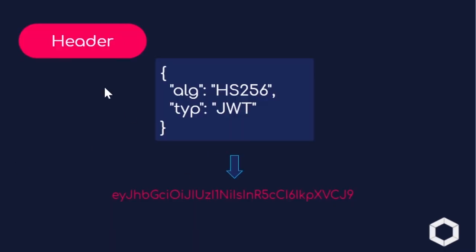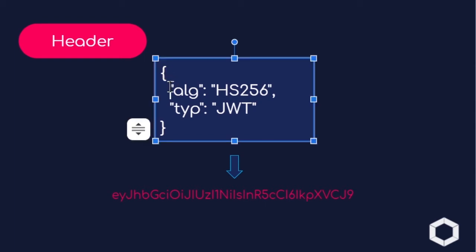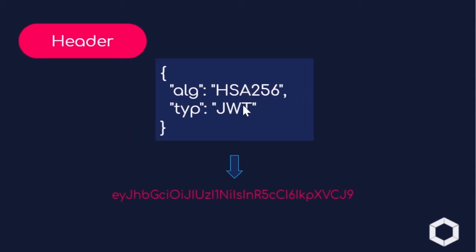The header is a JSON object which contains a few attributes, a few keys, like the algorithm that would be used to eventually encrypt this whole JWT, because every JWT has to be encrypted, otherwise it's really easy to just look at the data it had. In this case it uses an algorithm called SHA-256, which is a pretty common, powerful, effective algorithm, and it's a hashing algorithm.